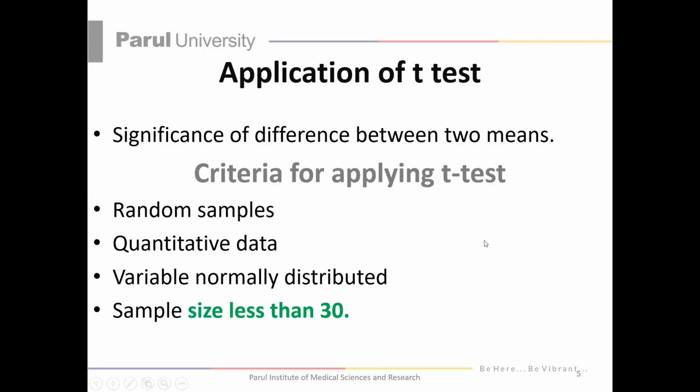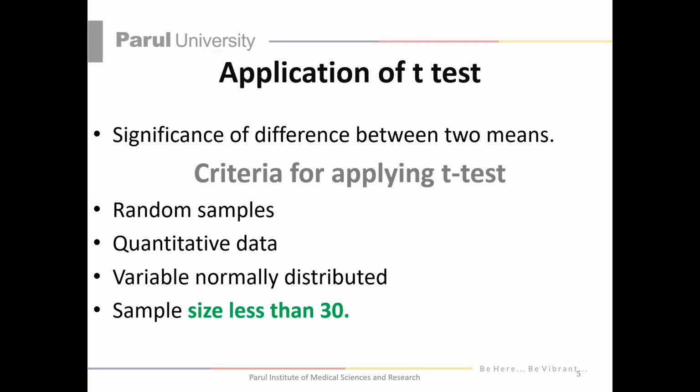Now, application of t-test: significance of difference between two means. If you want to compare two averages of two populations or two averages from the same population, then we can apply t-test, to check whether the difference of means is significant or not.